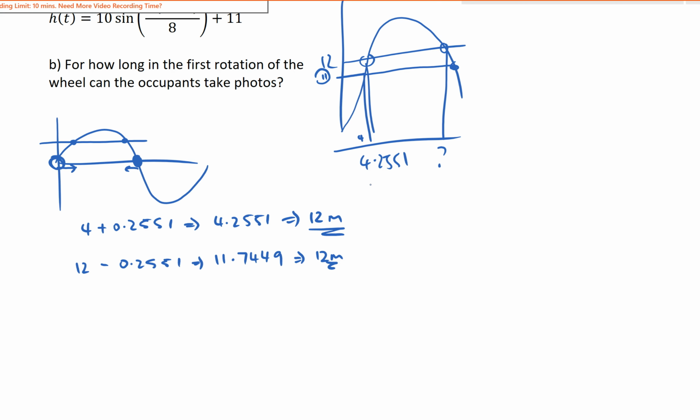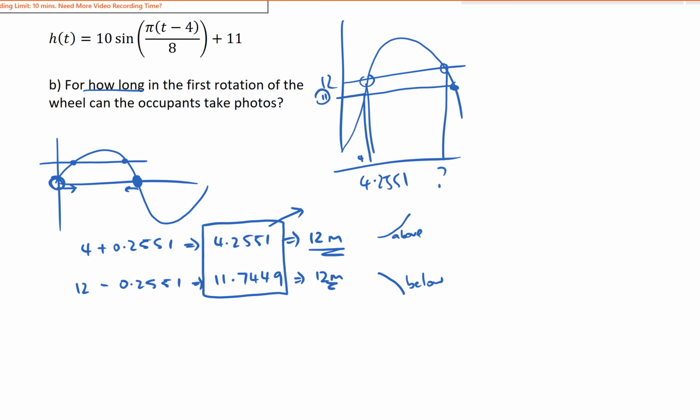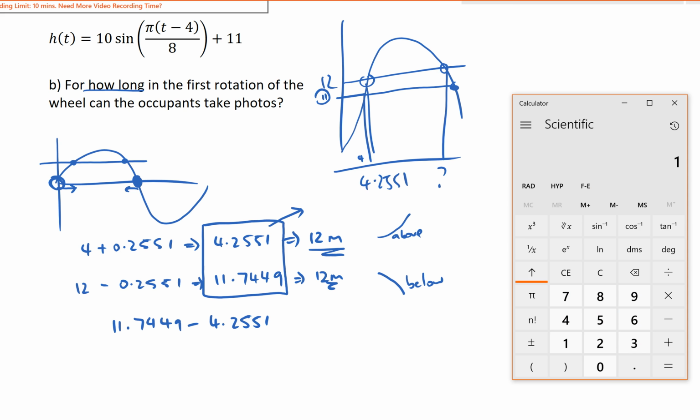So those are our two numbers where, first of all, the graph goes above 12, and that's when the graph goes below 12. And this says for how long. So how long is just 11.7449 minus the 4.2551. So I'm just going to do this, 11.8.